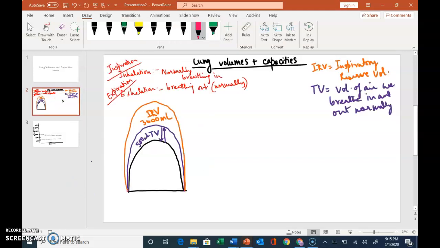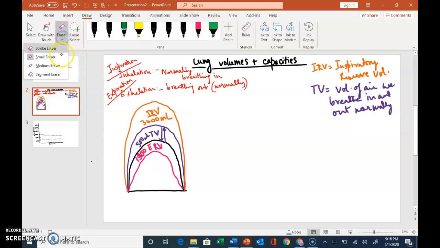When you are forcing out air, the extra air that you are actually breathing out on top of the tidal volume is called expiratory reserve volume, or ERV. And this is roughly around 1.3 liters, different textbooks vary, or 1300 mils. Let's put 1300. I have to erase.